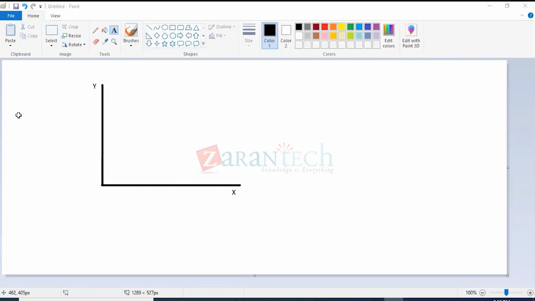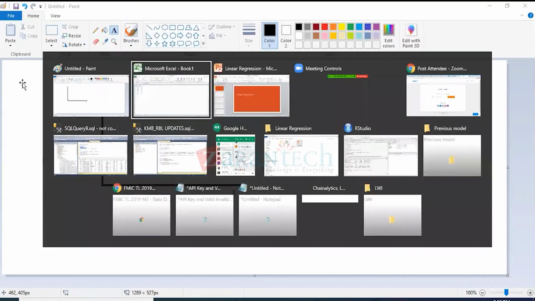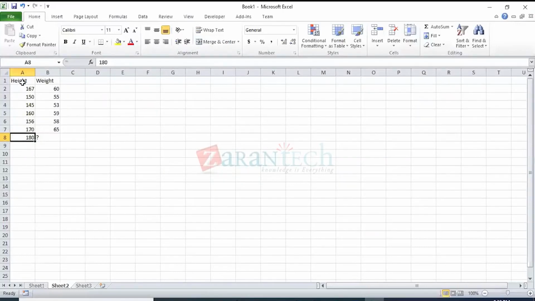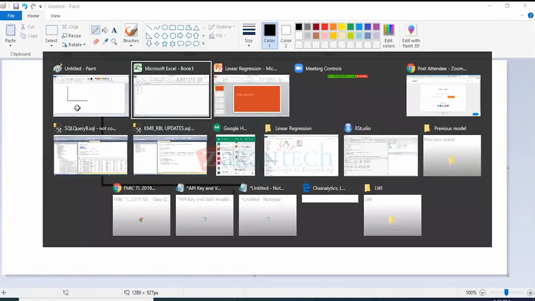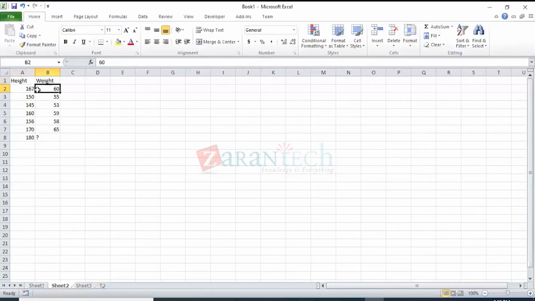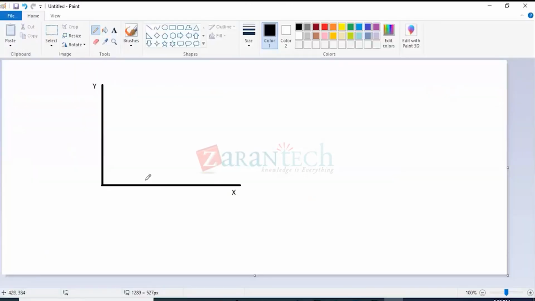Here, let's consider height as x and weight as y, and plot them on a two-dimensional graph. So for height 167, the weight is 160.